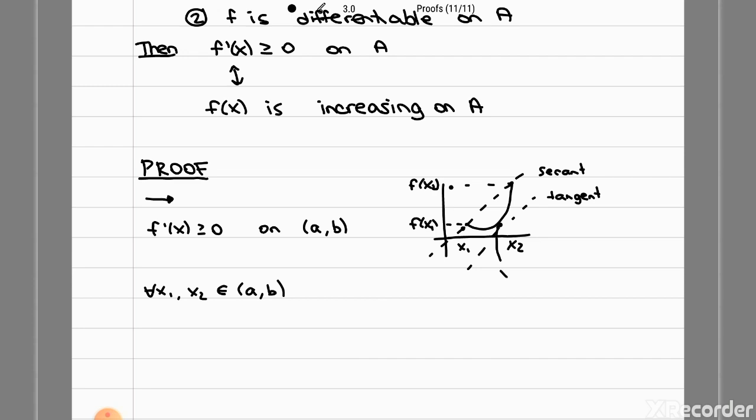We're going to call it x bar. And also one little thing is that we're assuming that x2 is greater than x1, so it's to the right. So then we can say that there exists a point that we call x bar in between x1 and x2.